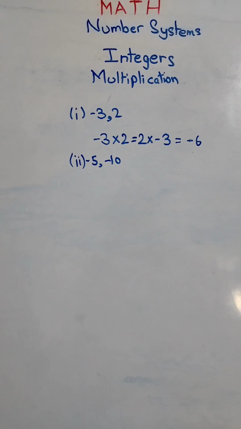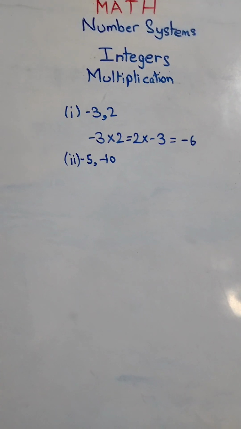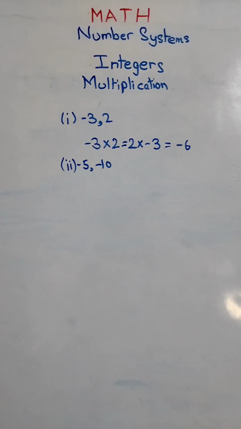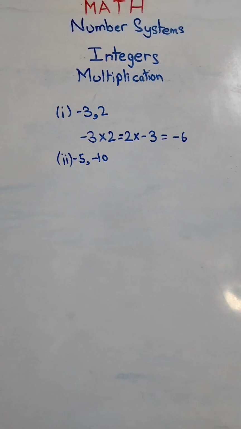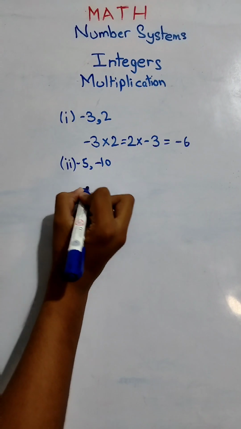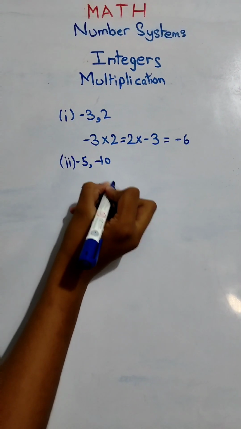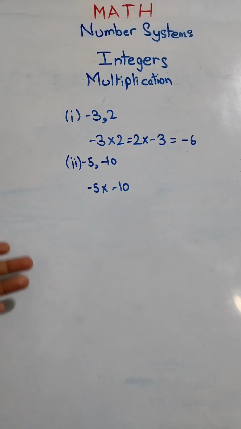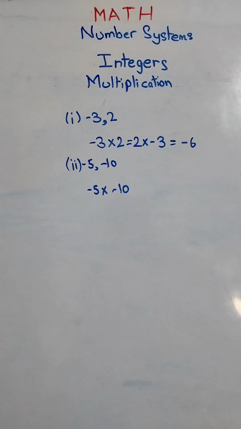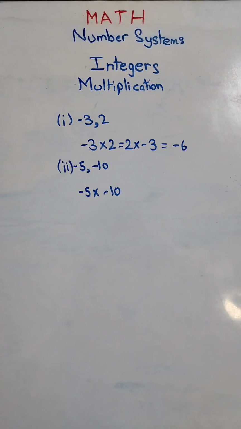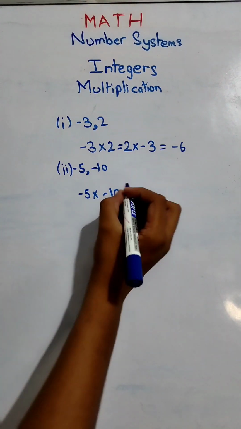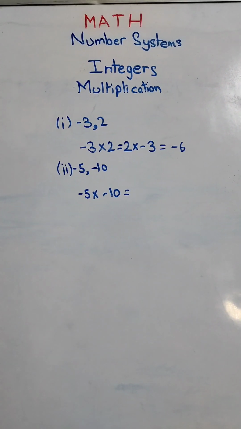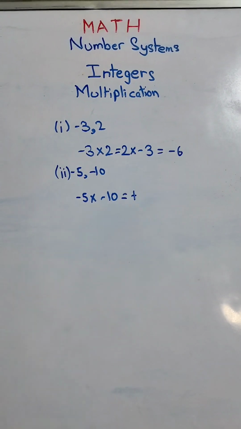Now the next example we'll take is the same as the one we took for subtraction, which will be minus 5 minus 10. Minus 5 into minus 10, we'll write it down. In this situation, you can see there's 2 minuses. Another way to easily understand this is, if there's an even number of minuses in the question, the answer is positive.